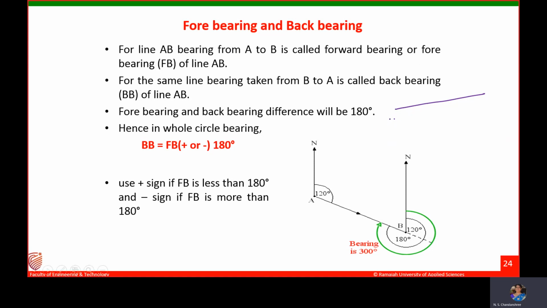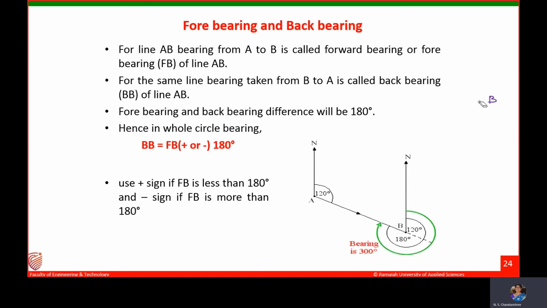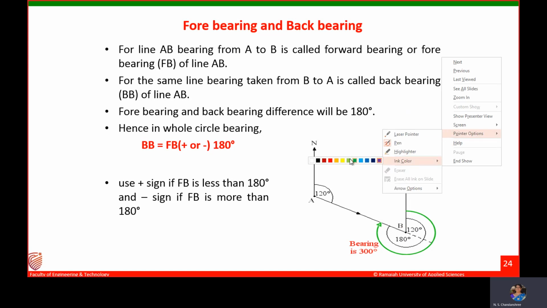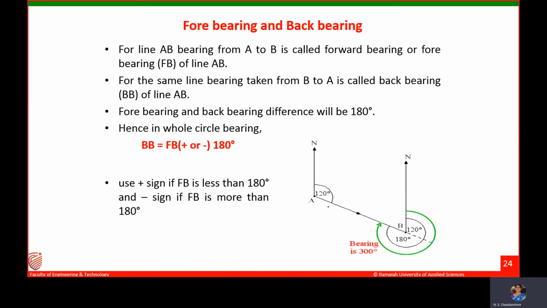Forebearing means, now for any line AB, if you set up a compass here at station A and keep a ranging rod at point B and measure the angle, the compass will show the reading with respect to north.